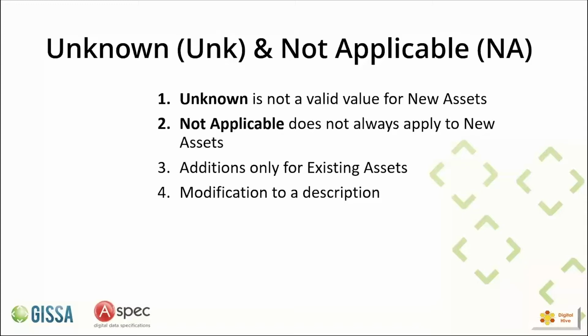Our response is that they are not relevant for use with new assets, because someone in the project has signed off on the design, so they know exactly what the characteristics are of that particular asset's installation.